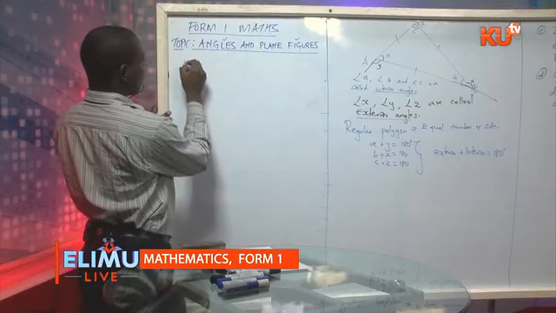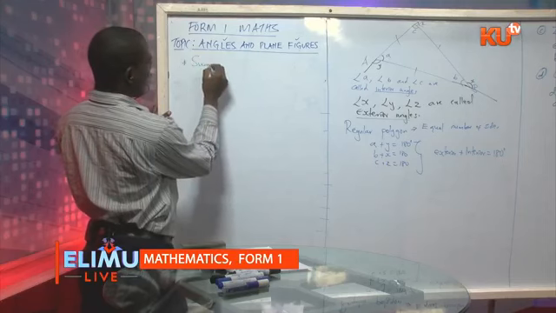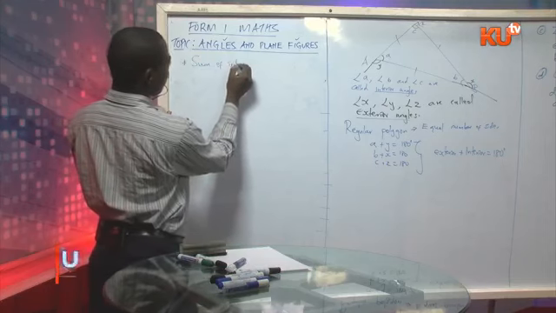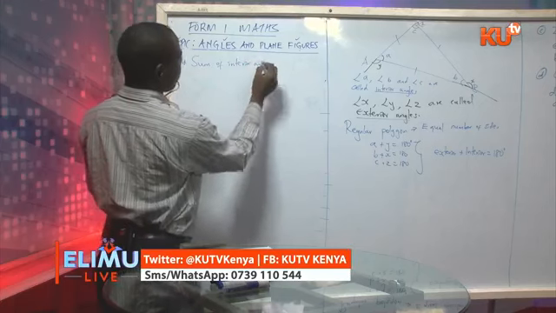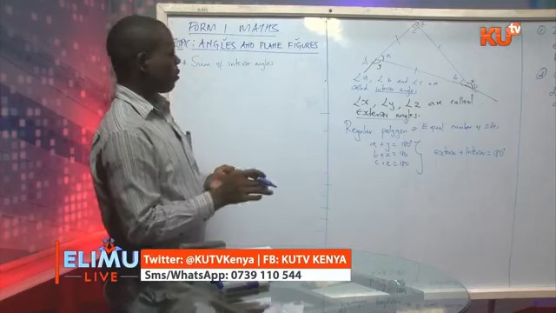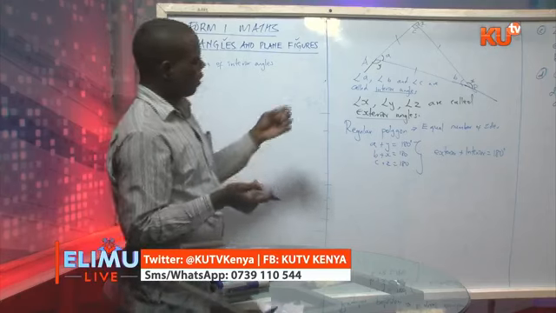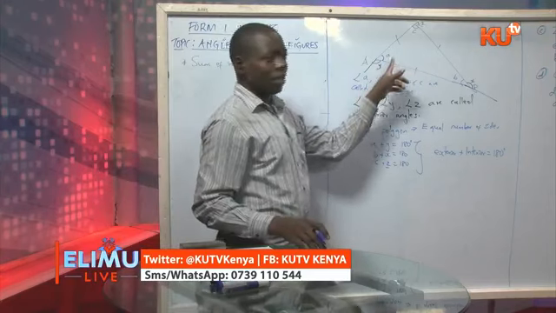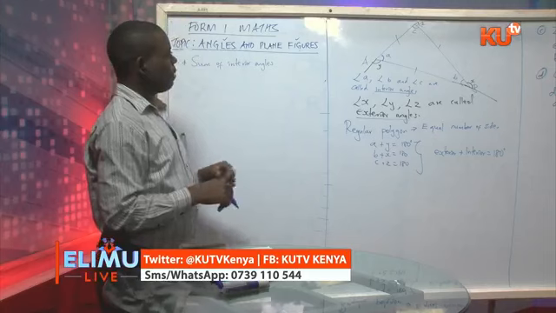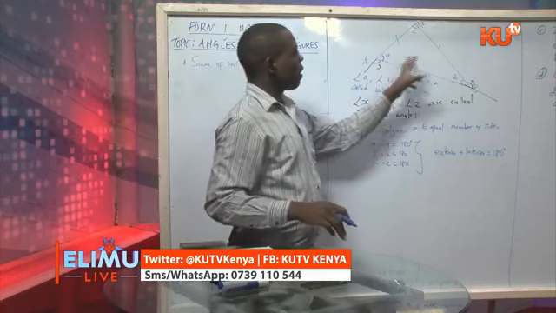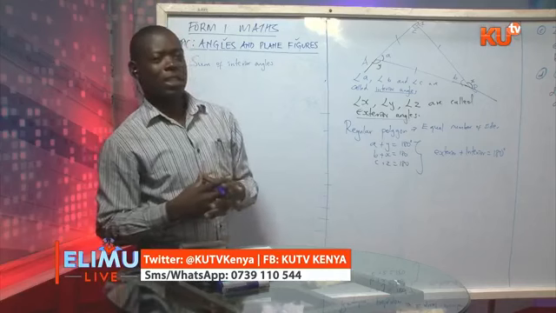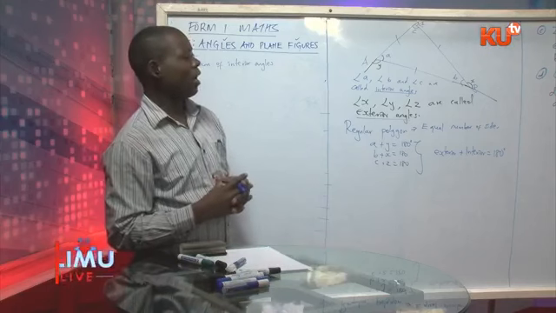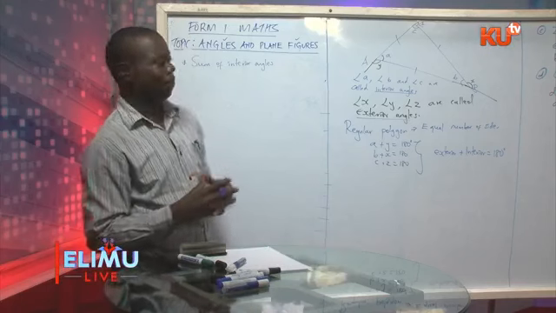Number one, we have what we call the sum of interior angles. Assuming that these angles are 60, 60, 60, then the sum of angles in this polygon is 180 degrees.